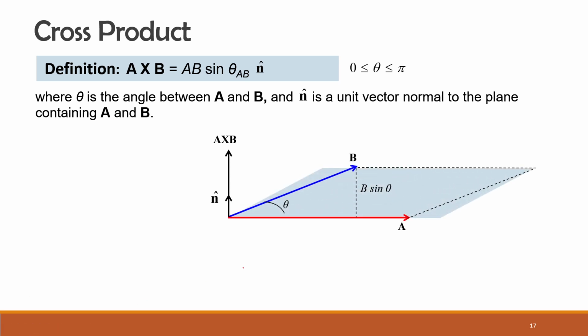Here, if the red color is A and this is B, for A cross B you use your right hand fingers, and the result is actually your thumb. Then you notice the vertical here is B sin theta.